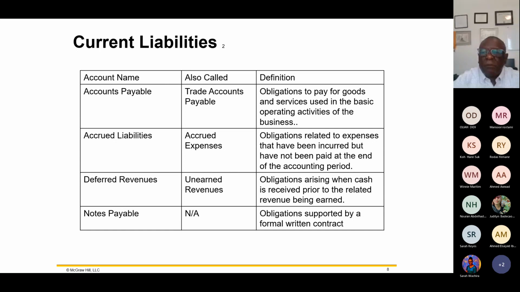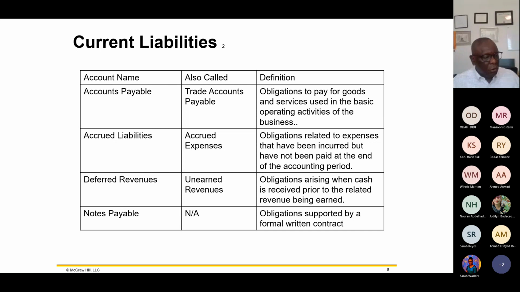And also we have another current liability that I want you to take note of: long-term debt repayments. Long-term debt is going to be repaid within 12 months.